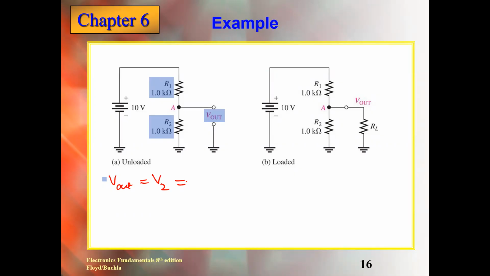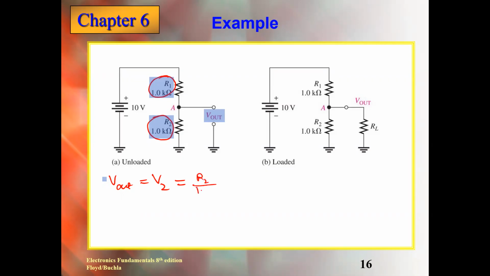Why? May I know the reason? Using the formula. Also, you can see both resistances are of the same value, so the voltage will be equally divided. Exactly. Or you can apply the formula. What is the voltage divider formula?